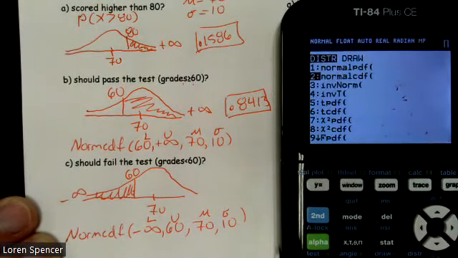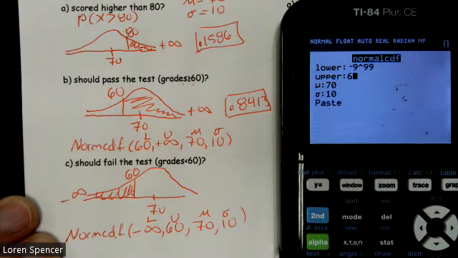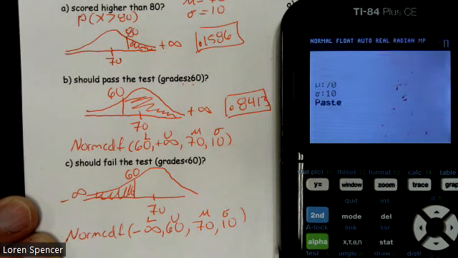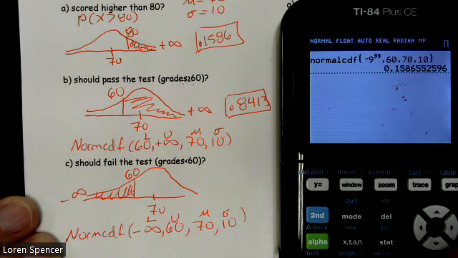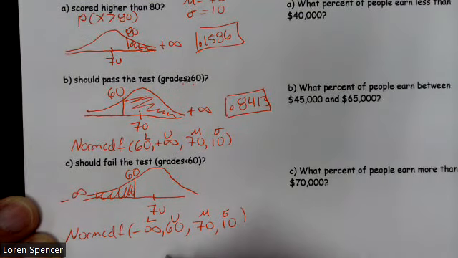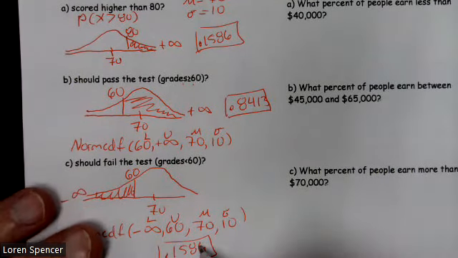Second vars, normal, CDF, negative 9 raised to the 99th, 60, 70, 10. So there it is, almost 16%. So 0.1586. And like I said, we could have gone 1 minus that, and we would have gotten this exact number.